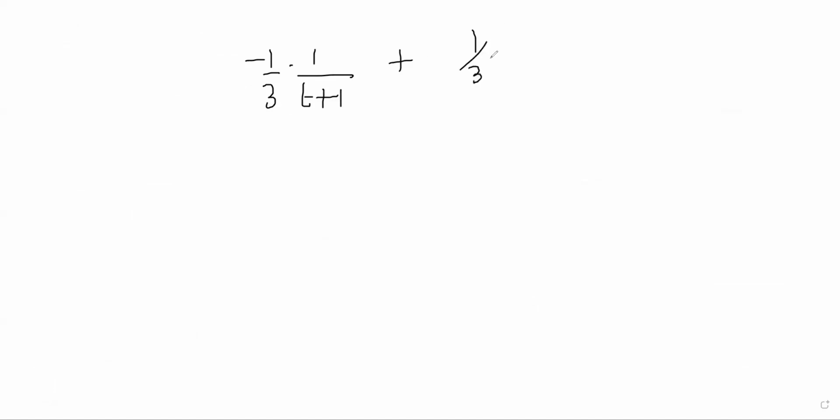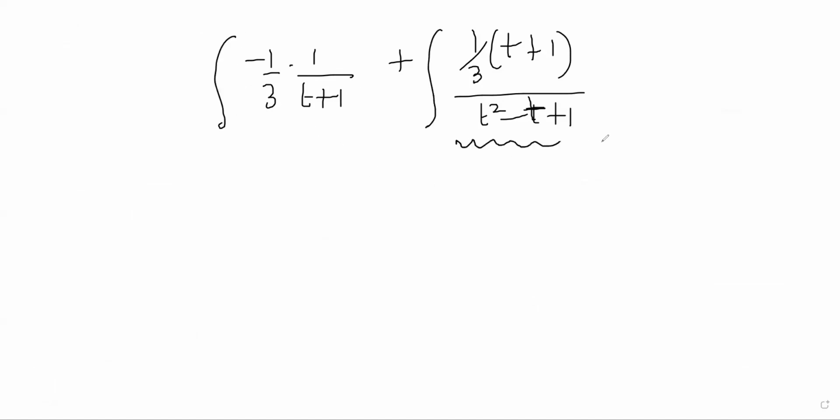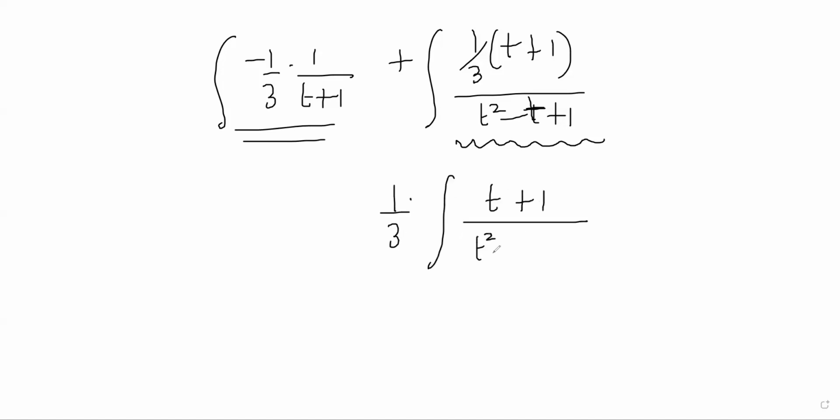The second part is 1 by 3 times t plus 1 by t square minus t plus 1. This integral is easy. This integral is a little more difficult, but actually not at all difficult. This is over. So I will focus on this one. So I'll say 1 by 3 comes out, and it is the integral of t plus 1 by t square minus t plus 1.